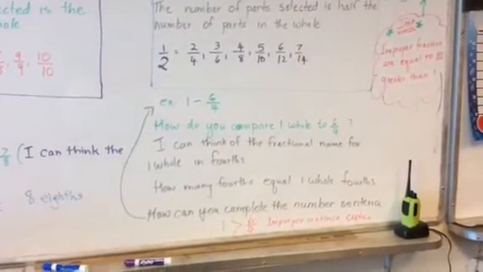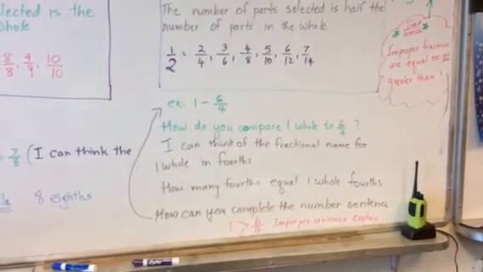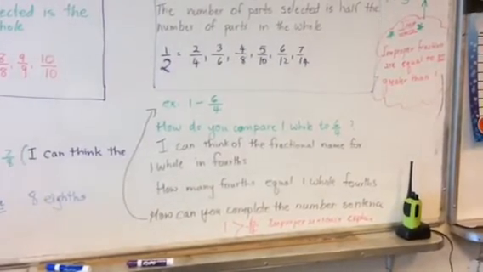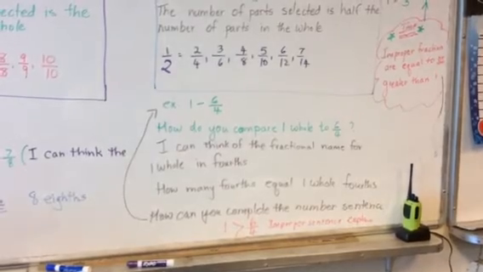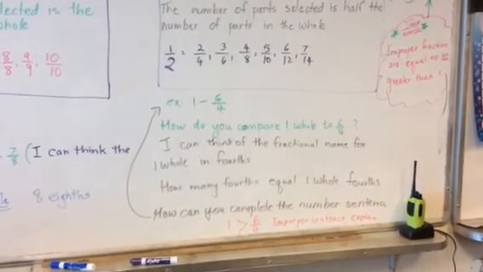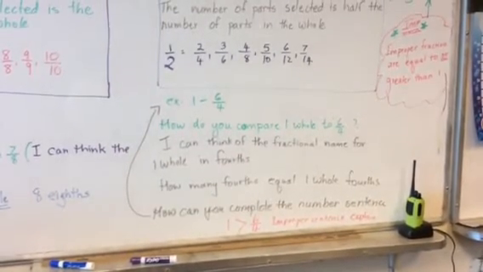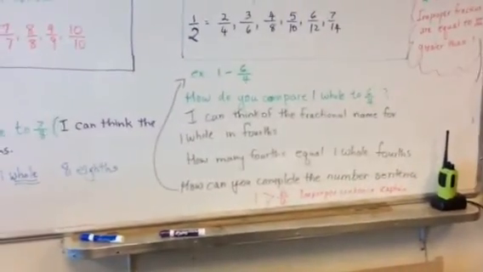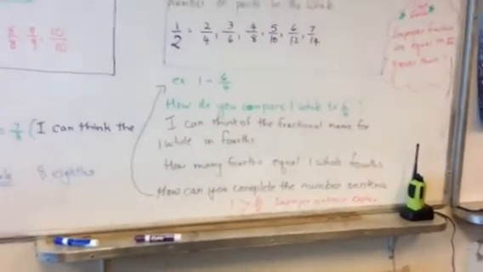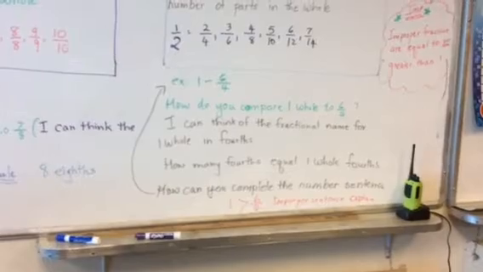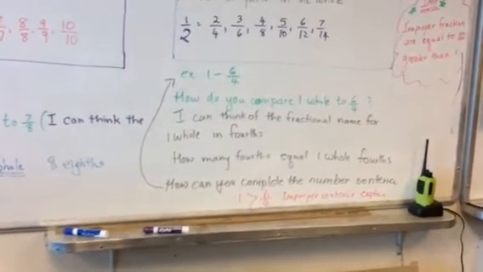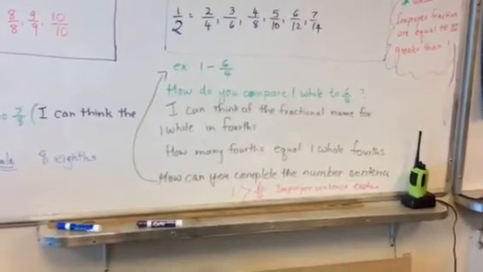How do you complete the number sentence? That means 6 is bigger than 4. So 1 is greater than 6 over 4. No, it's not that 1 is bigger. 6/4 is bigger than 1.